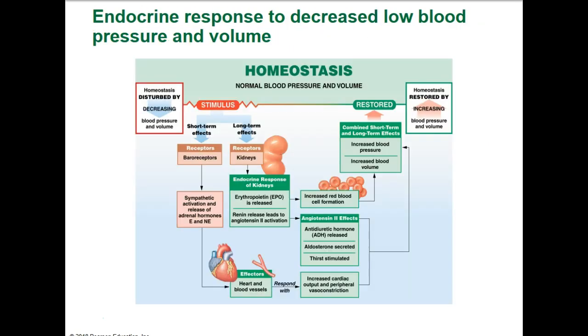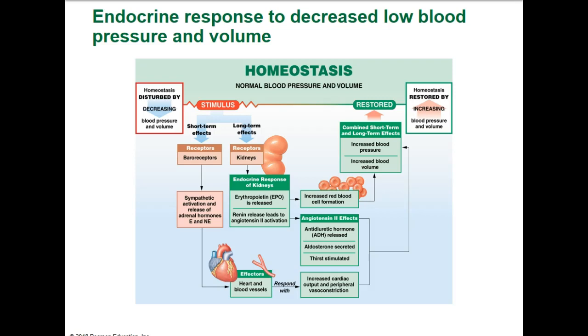Okay, so in this chart, we have decrease in blood pressure and volume. Short-term effects, the baroreceptors know this is happening. You can have sympathetic activation and release of the adrenal hormones epinephrine and norepinephrine, which are going to affect the heart and blood vessels, and they're going to increase cardiac output and peripheral vasoconstriction. The long-term effect is on the kidneys.